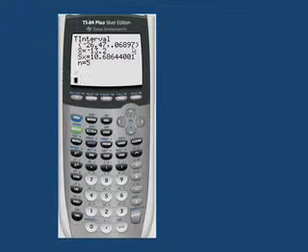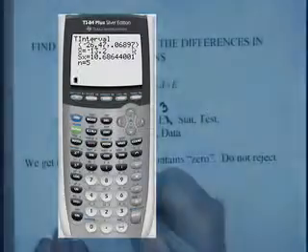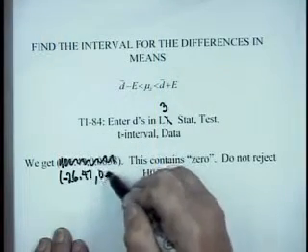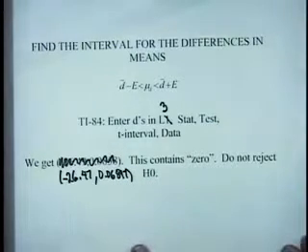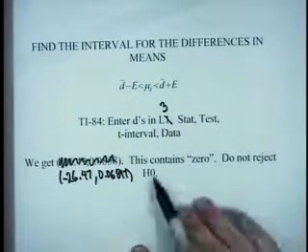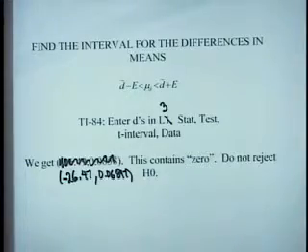Let me go back and calculate this again. If I entered these right, I got negative 26.47 to 0.06897. And this contains 0. That means I do not reject H null.